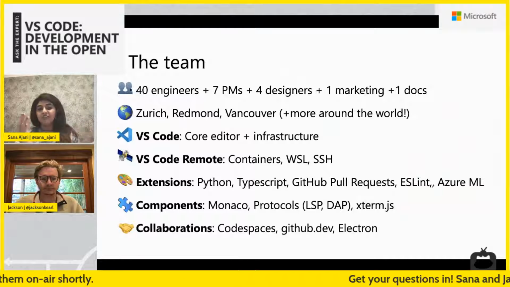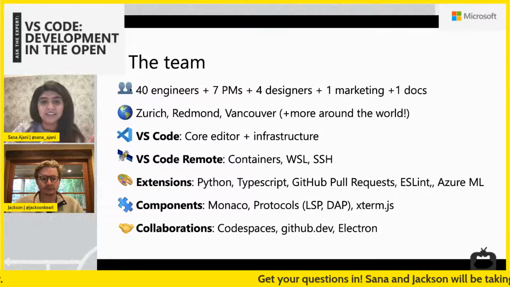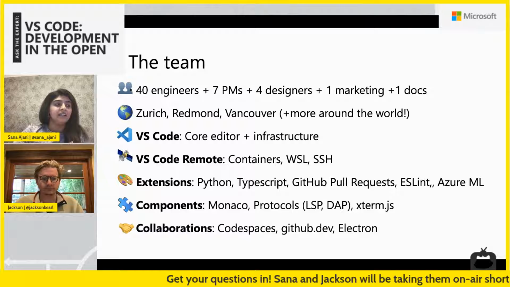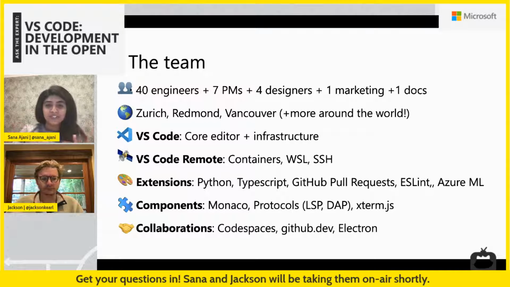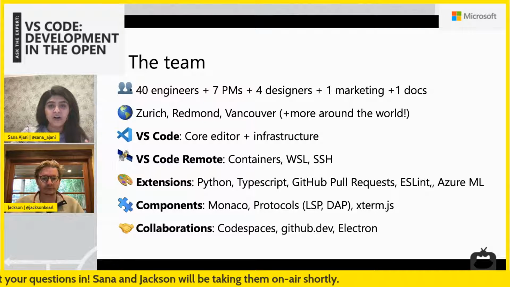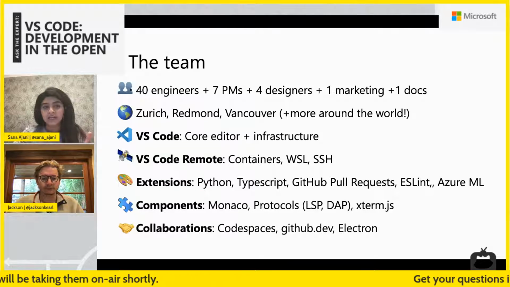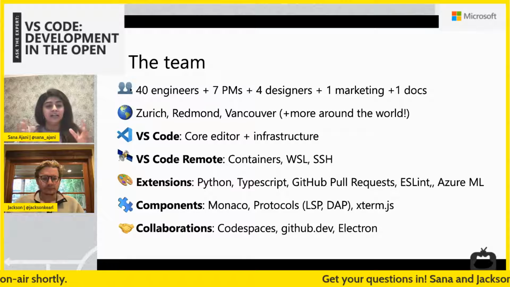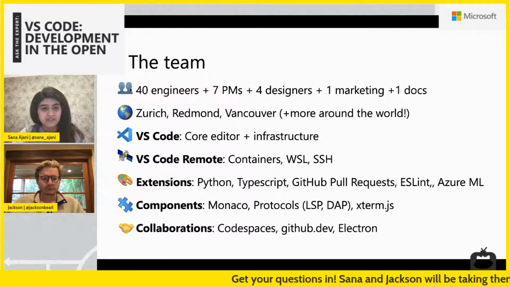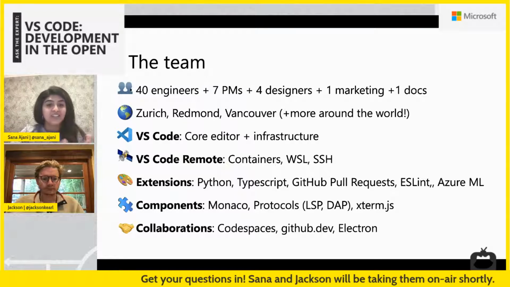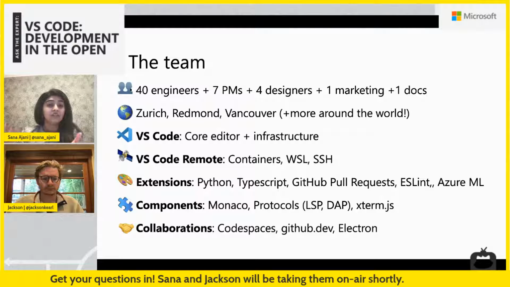The team behind VS Code is smaller than you might think. We recently became a larger team, and I'll explain how, but overall, we have about 50 or so people that work on the team, 40 engineers that work across the VS Code core editor and infrastructure, a lot of the VS Code extensions, and the Python extension.